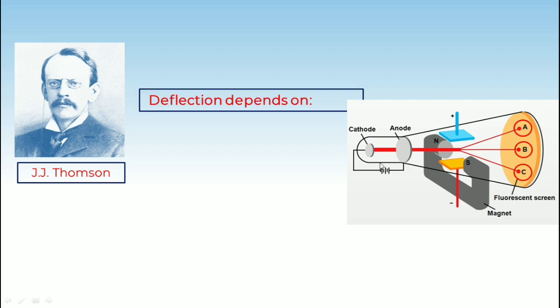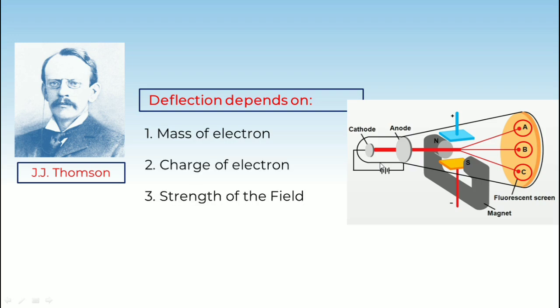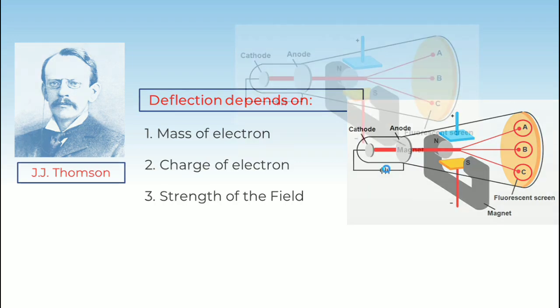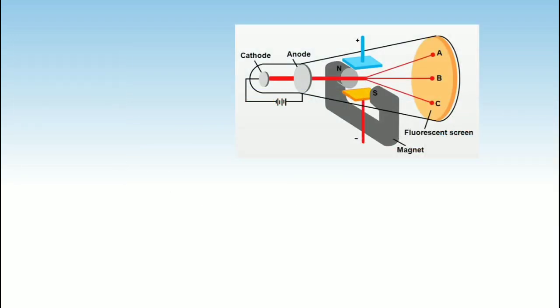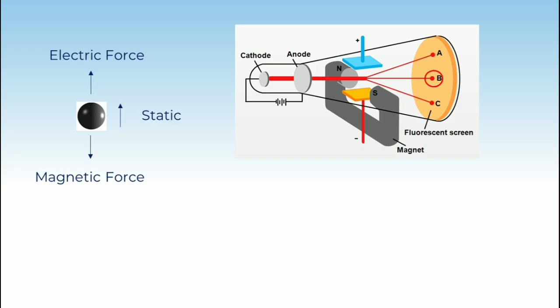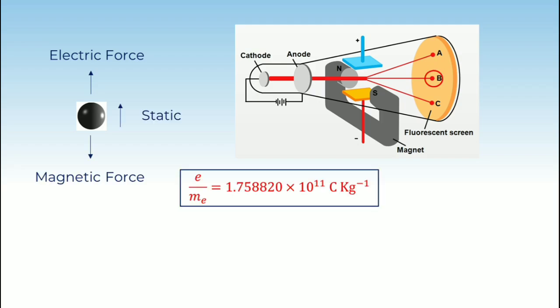The deflection depends on the mass of the electron, the charge of the electron, and the strength of the field. So this is the setup. The electric force and magnetic force must be balanced.